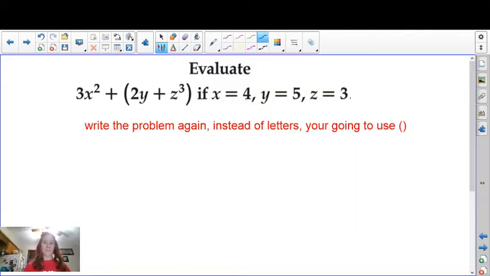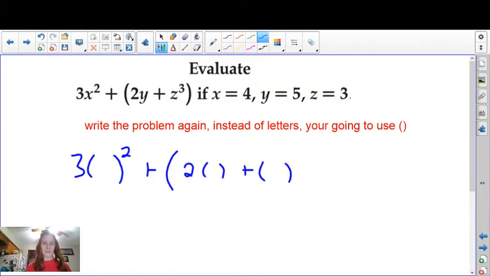So what do I mean? Well, I have 3 parentheses squared plus parentheses, 2 parentheses plus parentheses cubed, close parentheses. So step number 1, write the problem again. Don't put the letters, use parentheses.